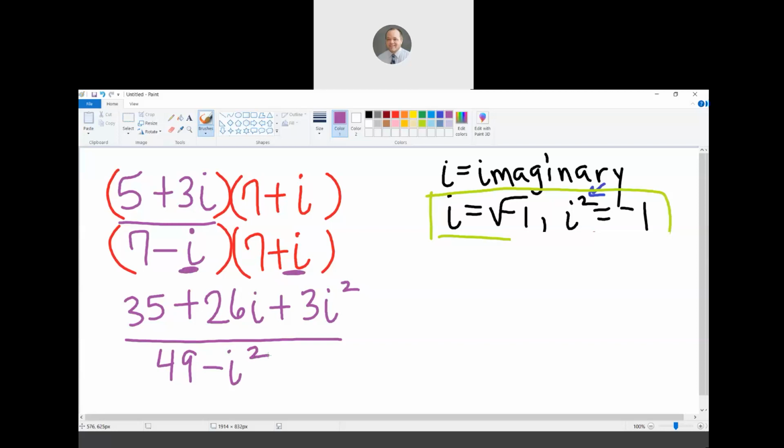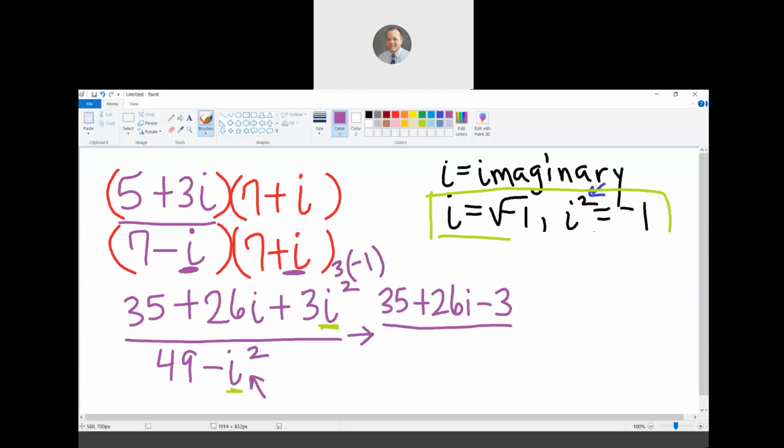Our answer is not in simplest form yet. We need to replace each i squared with its value, negative 1. So over here we have 35 plus 26i. Right here, that would be 3 times negative 1, or just negative 3.